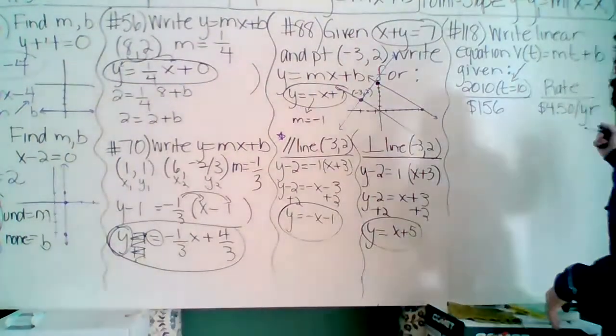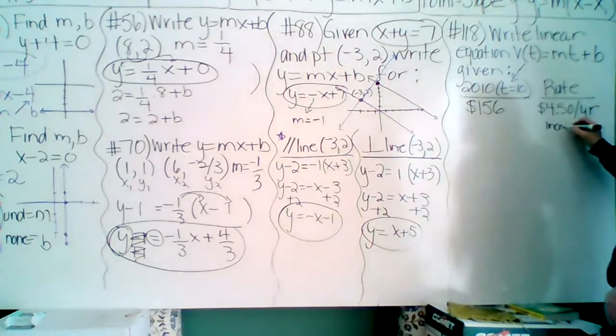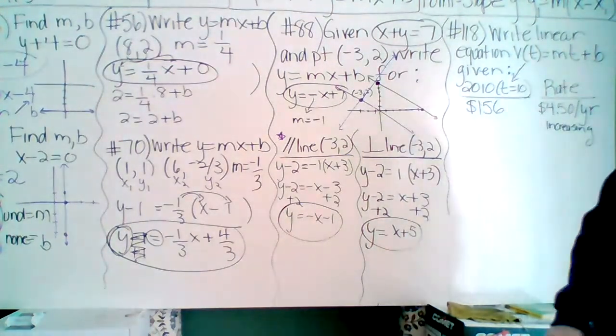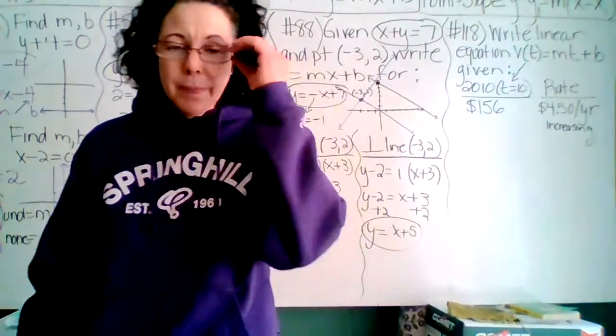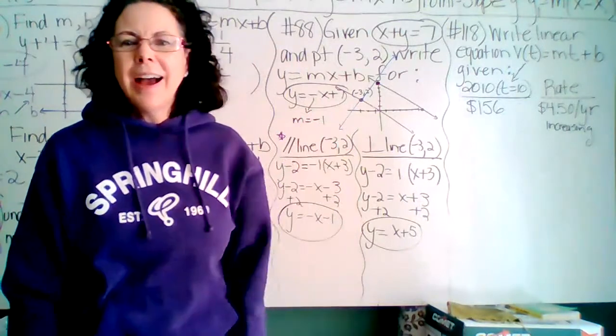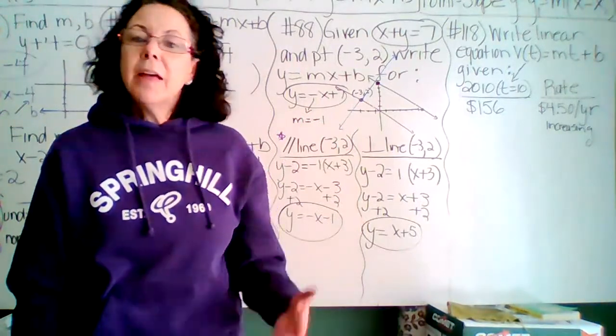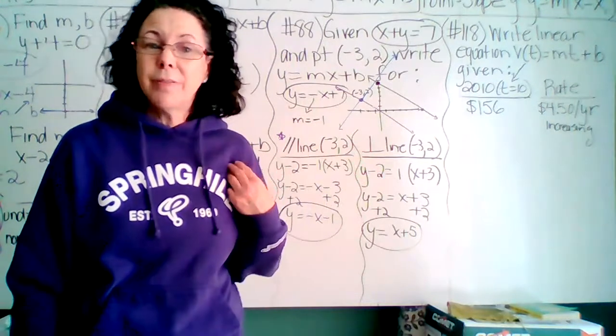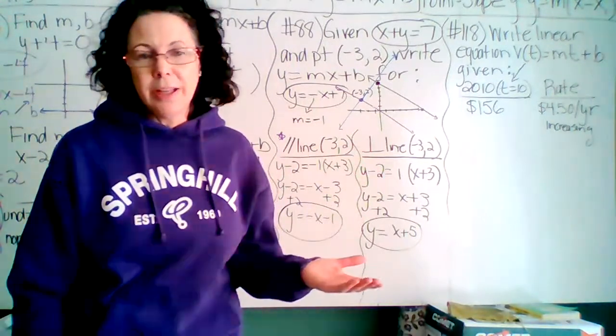It was going up, it was increasing by $4.50 a year, its value. Notice that if its value had been decreasing per year, I would put a negative on that 4.50. Okay, and they want you to write an equation of a line that at any time would give the value for any year that you have.